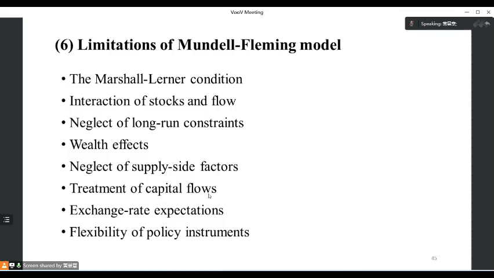Treatment of capital flows. Exchange rate expectations. Flexibility of policy instrument. These are the limitations of the Mundell-Fleming model.